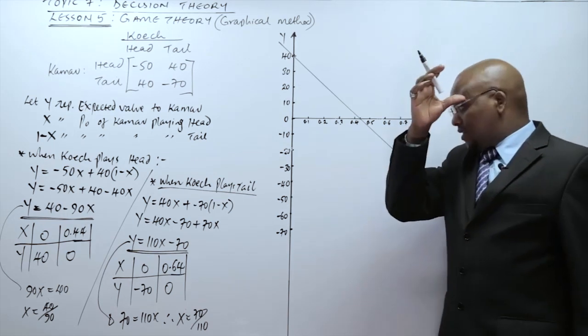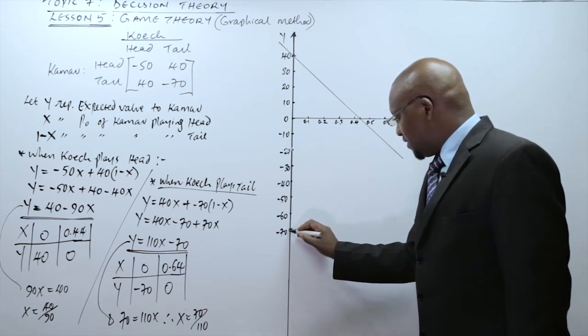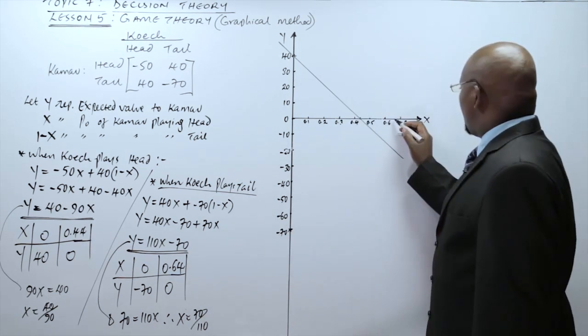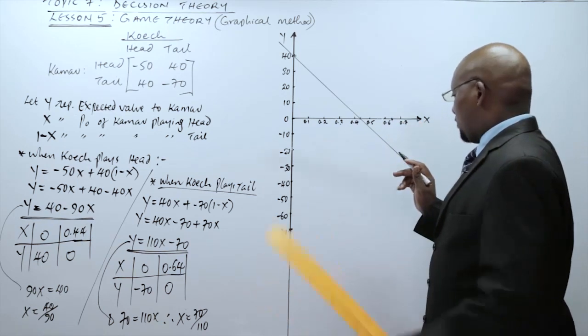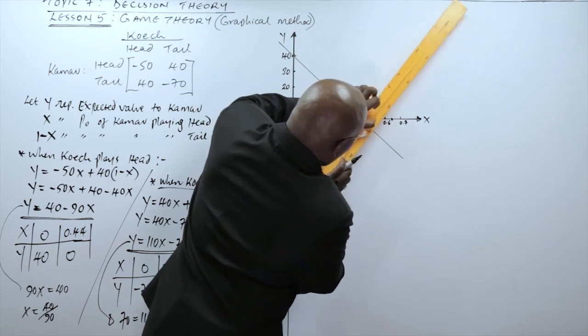My second line is this one, with 0 and minus 70 here, minus 70. And you have the other one, which is 0.64 and 0. So assume that my 0.64 is here. So I draw a line here.